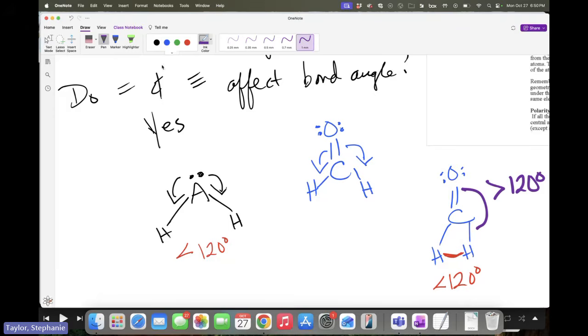One of the tricky things when we talk about bond angles is that bond angles need bonds. What I mean by that is you cannot have a bond angle to a lone pair.